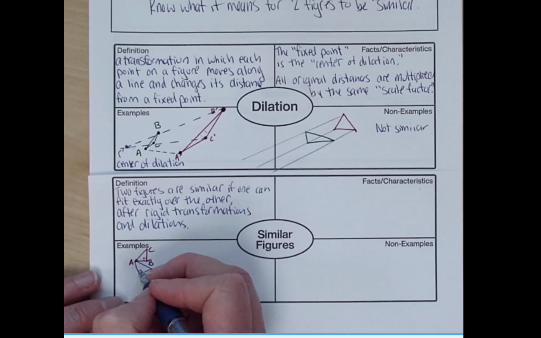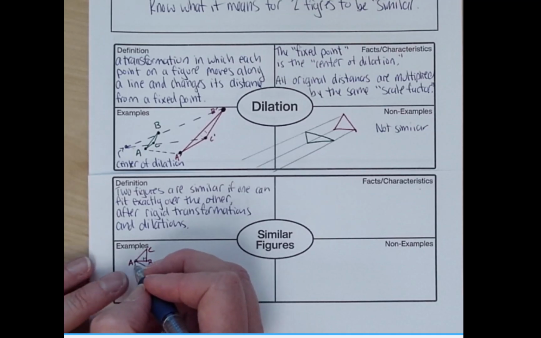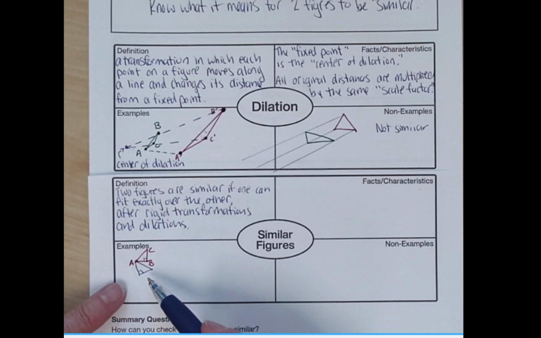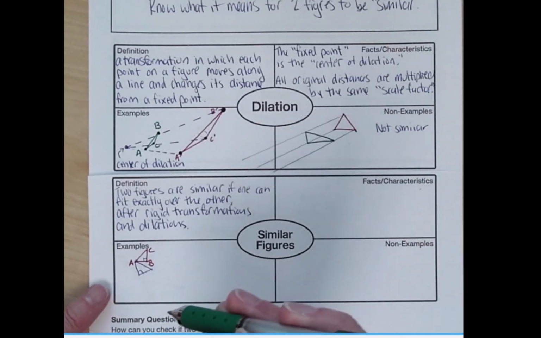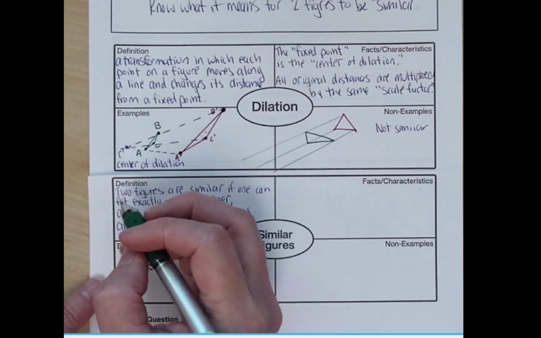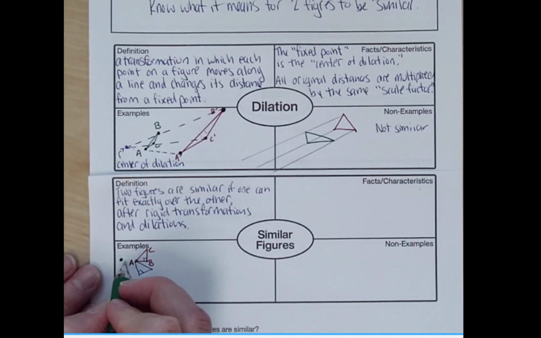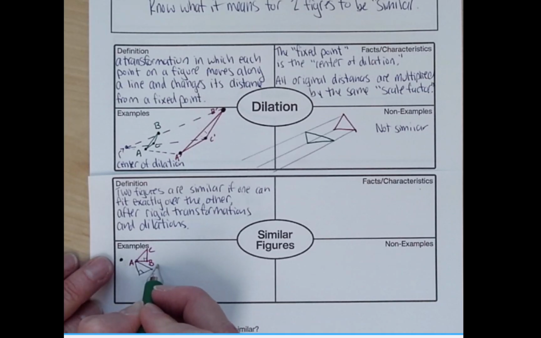I could rotate it and then dilate it, and I would have a figure that was the same shape, just a different size. In fact, let me see if I can make a center of dilation here that'll work for me. So I'm going to pass that through there. I'm going to try and make it twice as big.